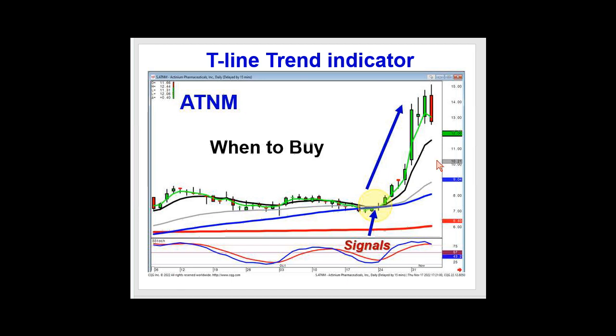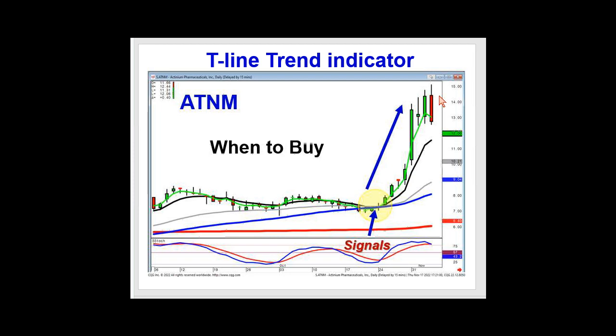The caveat is the further away you move from the T-line, the higher the probability it's going to come back and test it. So once you start visually recognizing that you're too far away from the T-line in the overbought area, that's where you get a lot more attentive to putting in a stop.